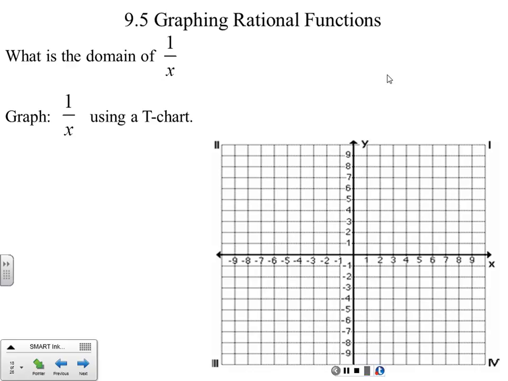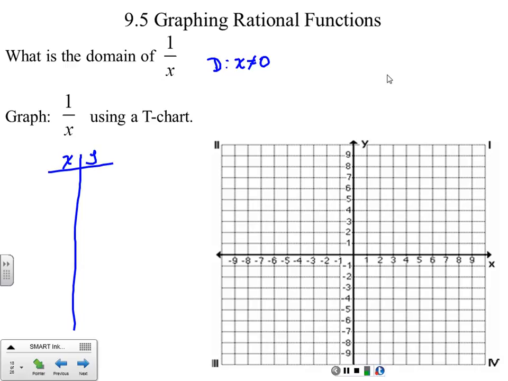So if we do a little bit of investigation, let's do the t-chart. And let's come up with a bunch of ordered pairs. Okay? Obviously, which one can you not use? Because think of your domain. X cannot be what? X cannot be 0, so just stay away from it, okay?